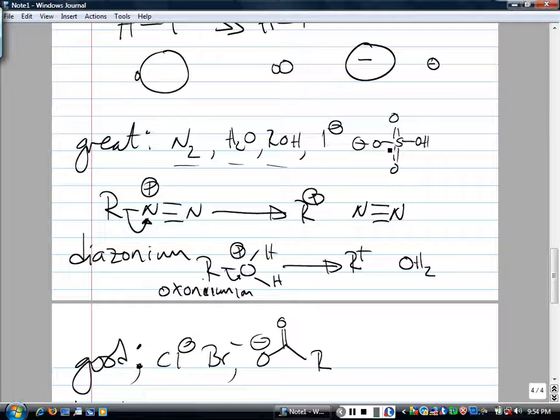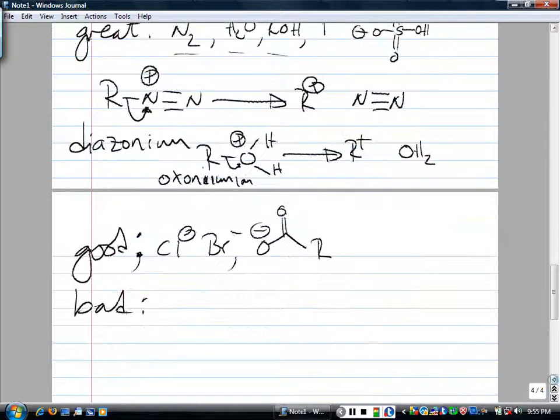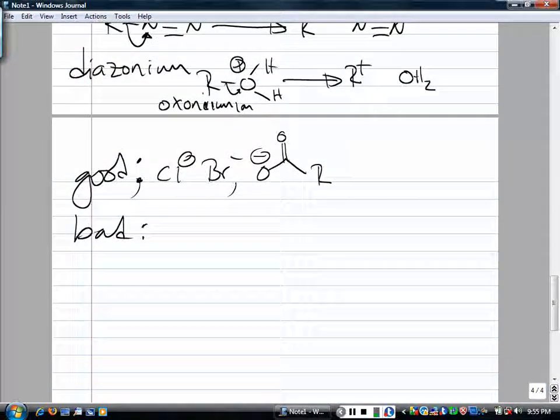Sulfuric acid is a very strong acid. H2O is a very good leaving group. H3O plus is the strongest acid that can exist in water. So in general, great leaving groups tend to be the conjugate bases of very strong acids. So it only makes sense then that bad leaving groups are the conjugate bases of weak acids. In other words, bad leaving groups are strong bases.